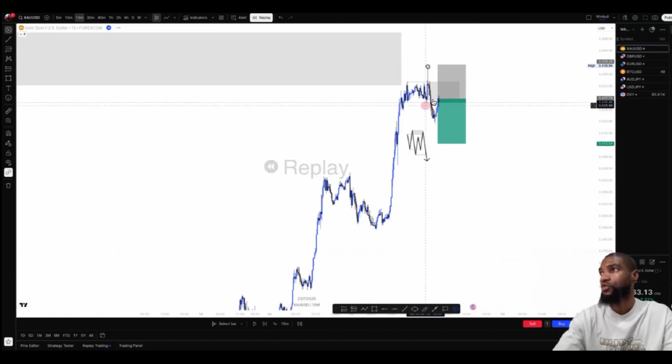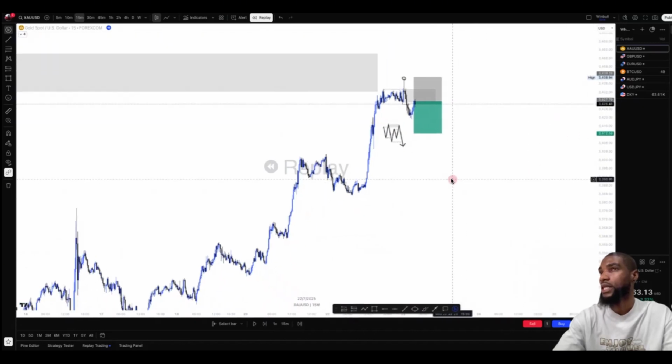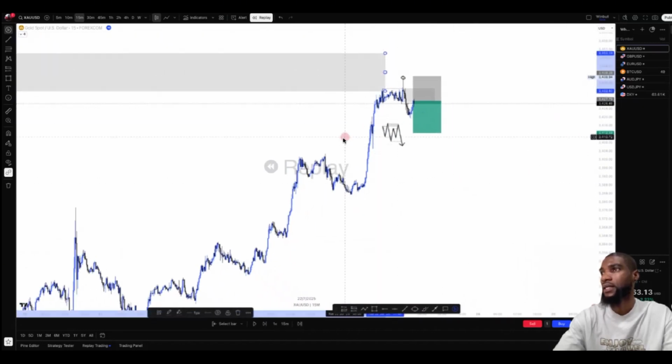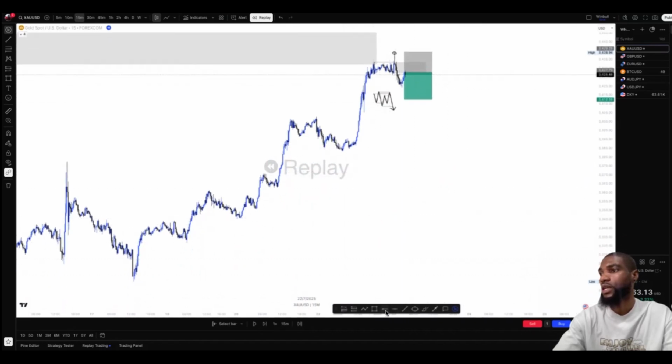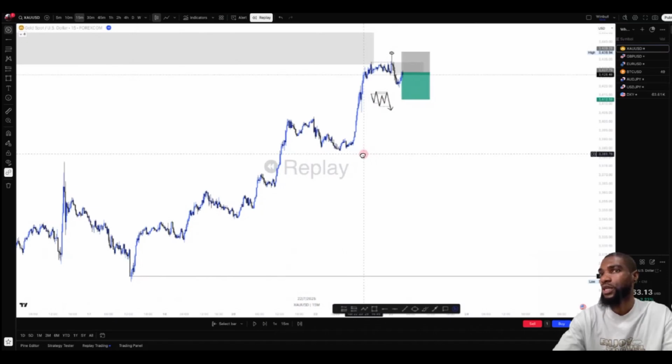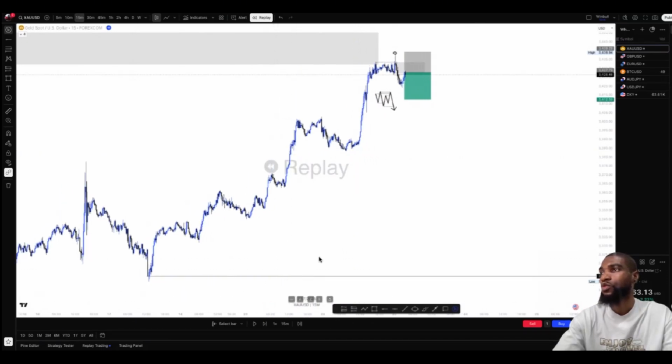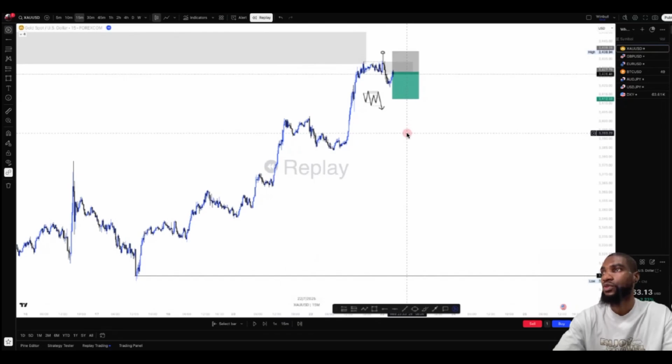remember, this is the weekly supply zone. So this market has the possibility of coming all the way down to this level, but I don't want to be greedy. There are traders who normally see 1 to 3 and then all of a sudden the market goes back up, hits their stop loss or takes them out at break even.